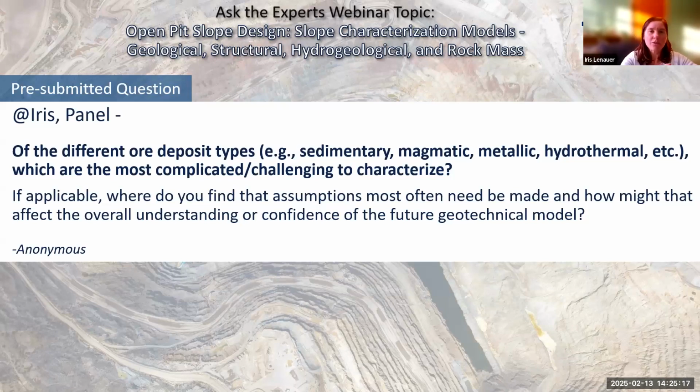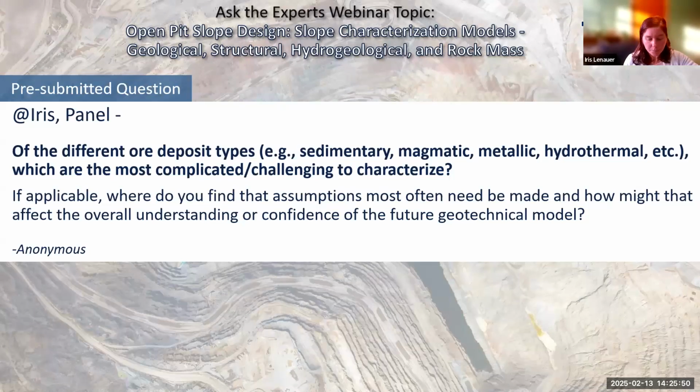You're starting off with variability in the initial rock type, and then you have discontinuity from the bedding. And then there are multiple phases of deformation. So you have fold structures, variable fold orientations, and then you have brittle fault structures, potentially a hydrothermal overprint. So you need to go through each of those parameters and define which of them have an impact on the slope stability and which ones you could lump together.